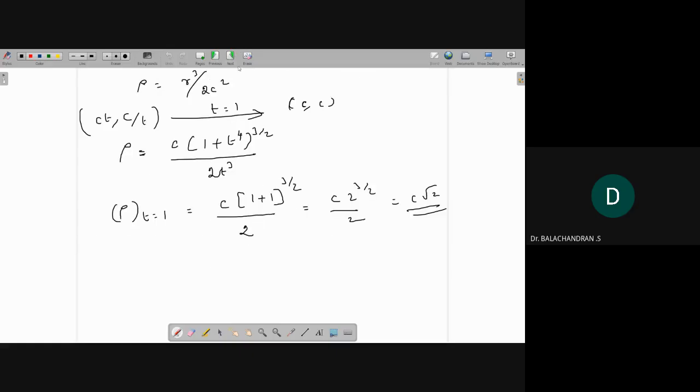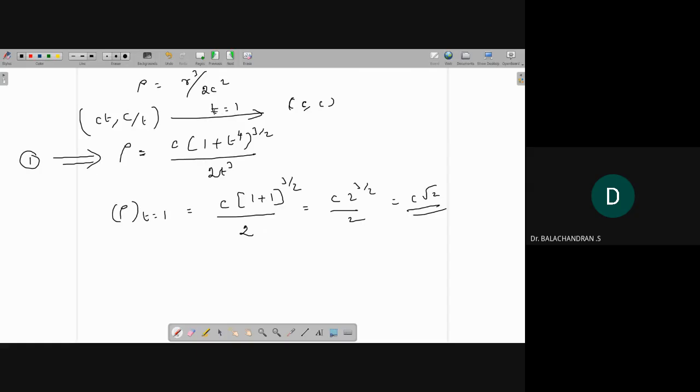The third part, we need to find rho at c comma c. So we find rho at ct comma c by t. So that is this expression. That is equation number 1. This equation number 1 is rho at ct comma c by t.